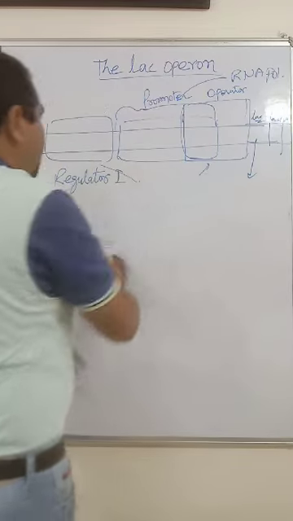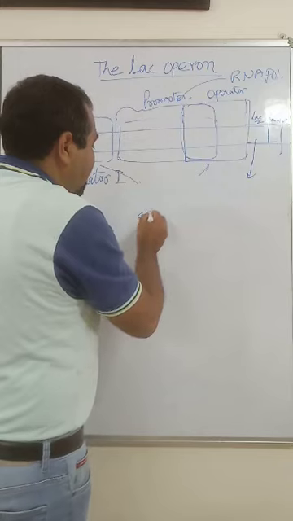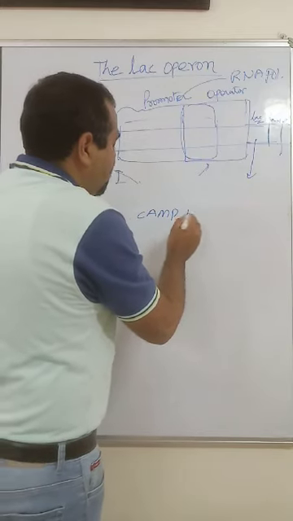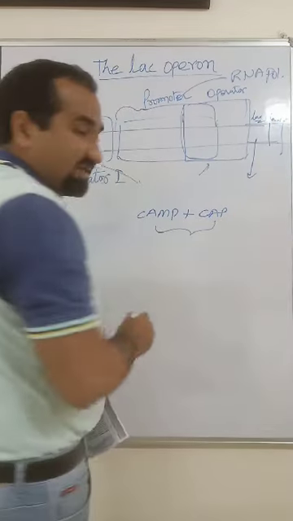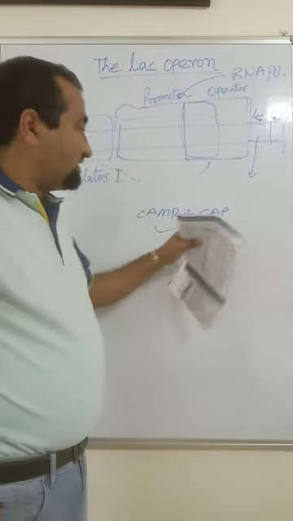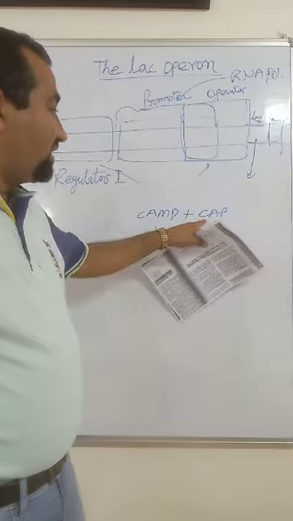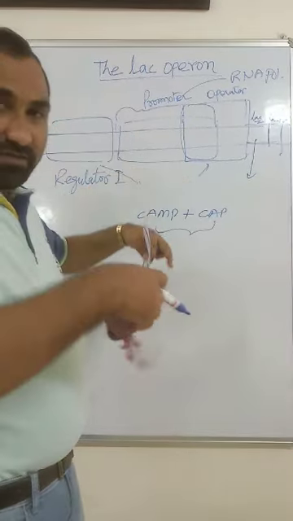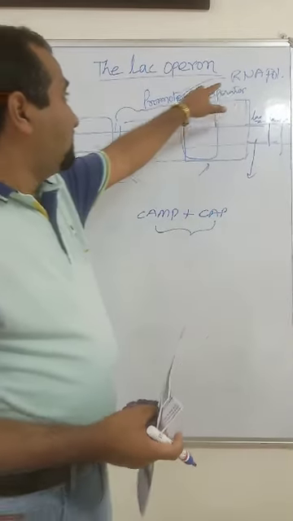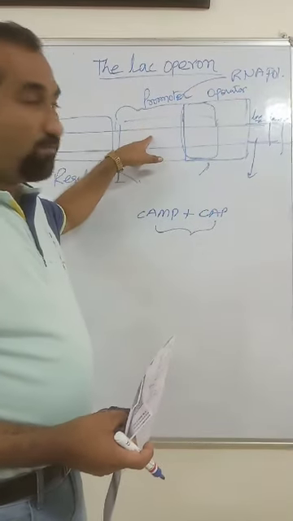So here this is actually the cyclic AMP plus CAP protein complex. CAP is the catabolite activator protein. This protein facilitates RNA polymerase binding at the promoter.